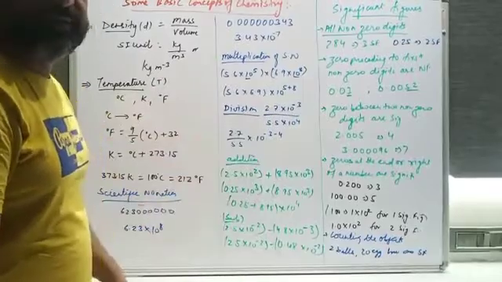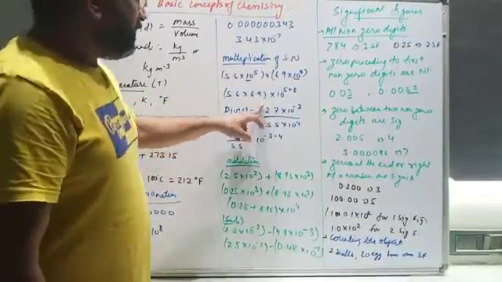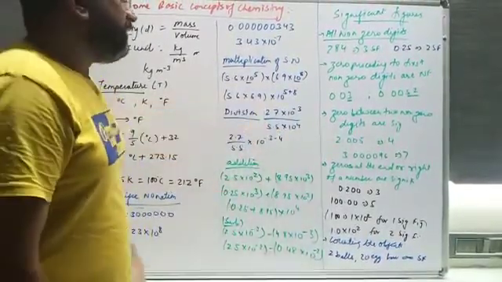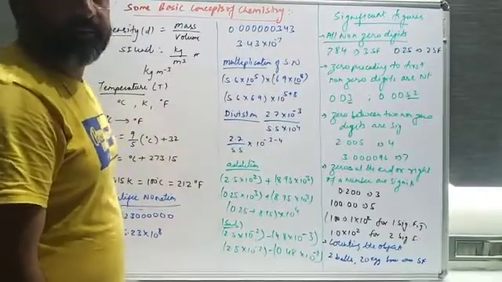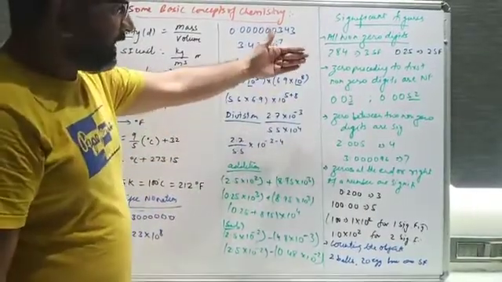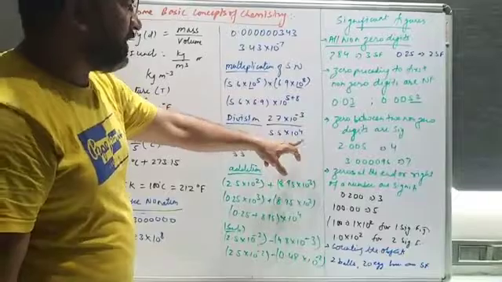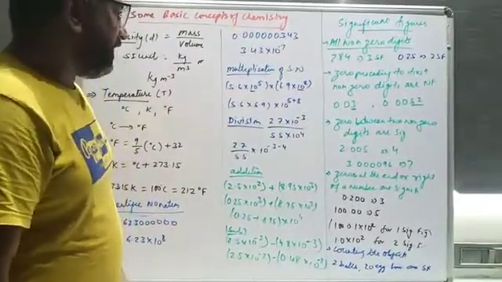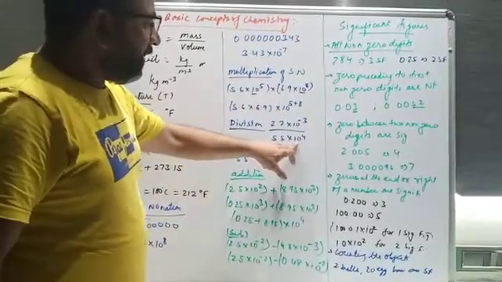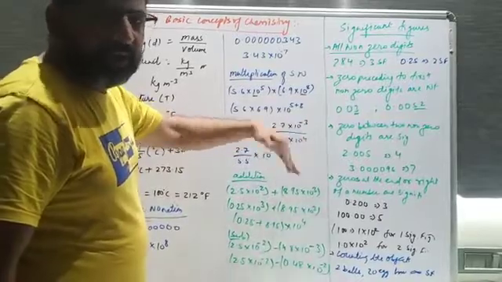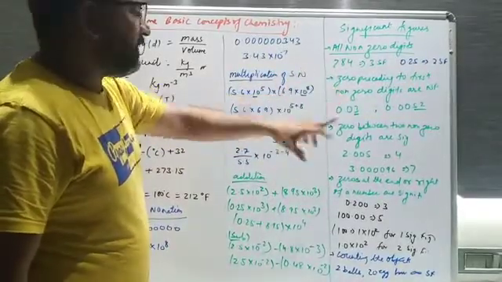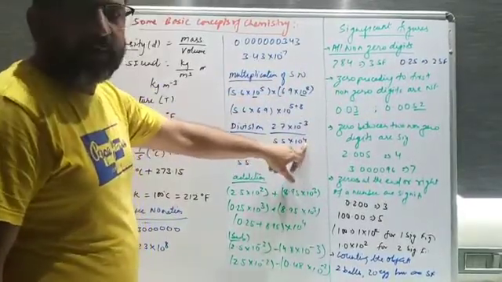If you want to do the division, suppose I have taken one example, 2.7 into 10 to the power minus 3, and 5.5 into 10 to the power 4. On the upper side there is a negative power, and on the lower side a positive power. If the base is the same, you can take the base upside, and then the power in the denominator will change sign.